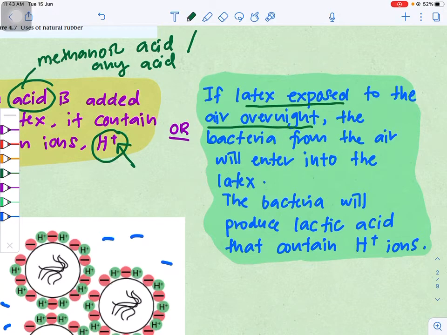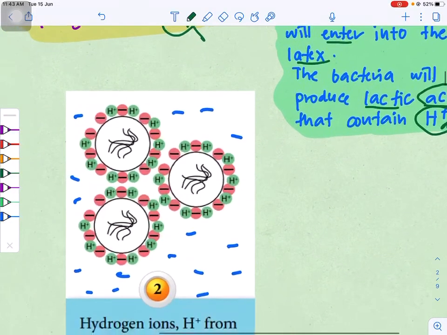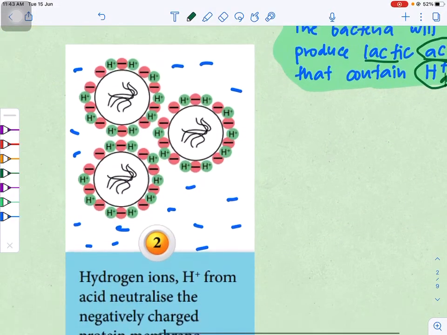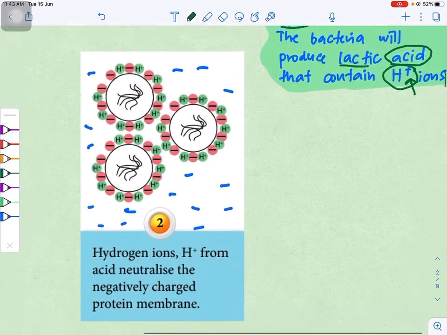What do we have in the air surrounding? For sure we have bacteria. The bacteria will enter the latex and produce lactic acid. It also contains acid, it also contains hydrogen ions. So the hydrogen ion for sure will carry out its role.